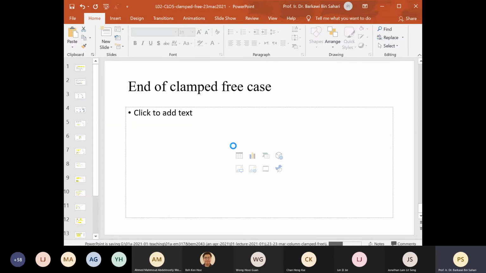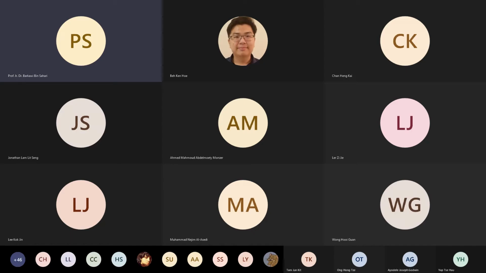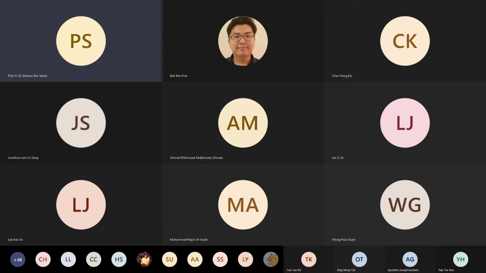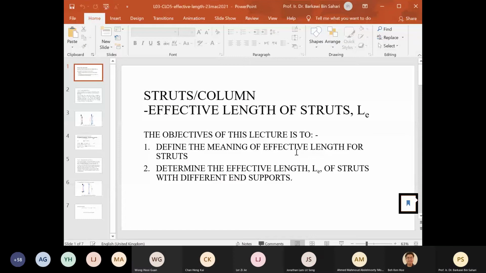Okay, so this is the effective length, effective length of strut.